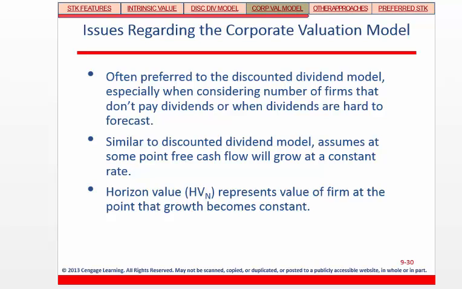Just like with the dividend model, you're just going to assume that dividends are going to grow at a constant rate. And then this term horizon value is simply going to represent the value of the firm at the point that growth becomes constant.